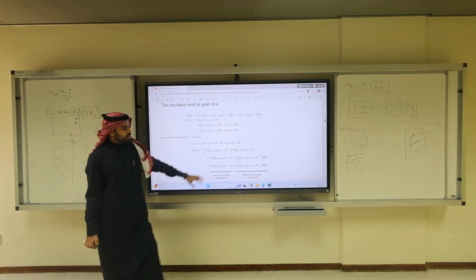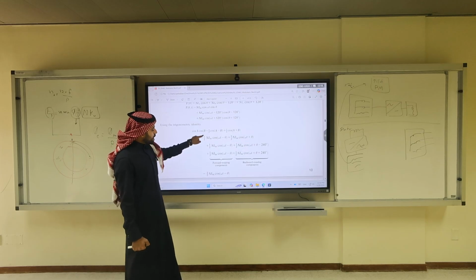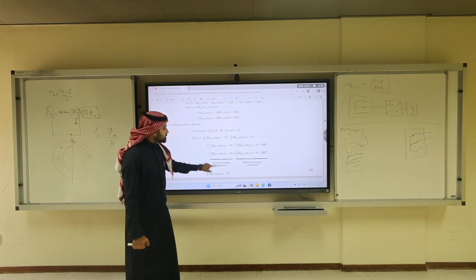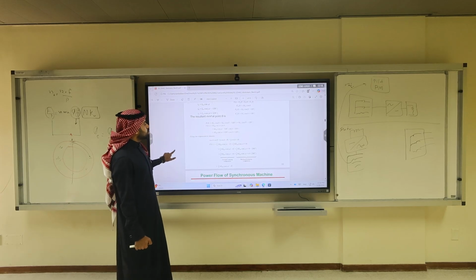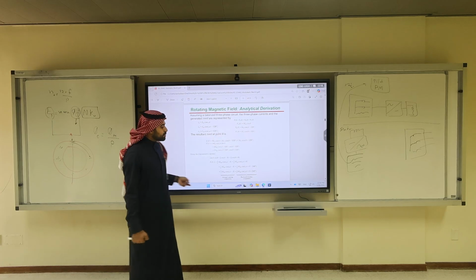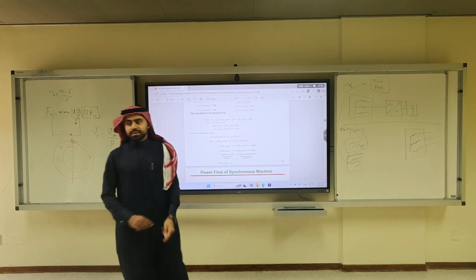If you do the math, you'll get these numbers. So your component is half plus half plus half, which is 3 over 2 NIM cosine omega t minus theta. So the resultant MMF at any point theta is 3 over 2 NIM cosine omega t minus theta.